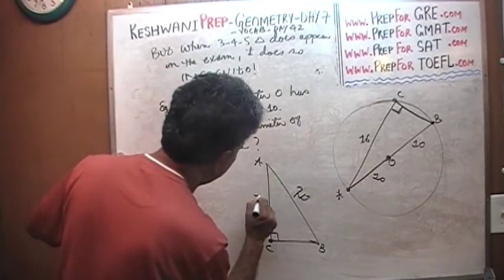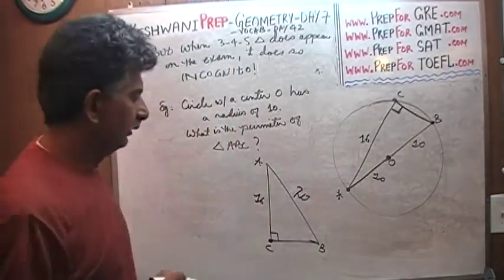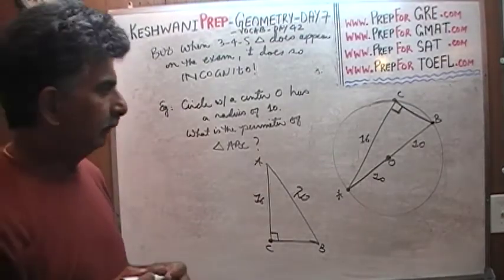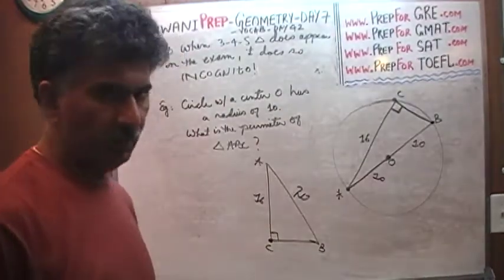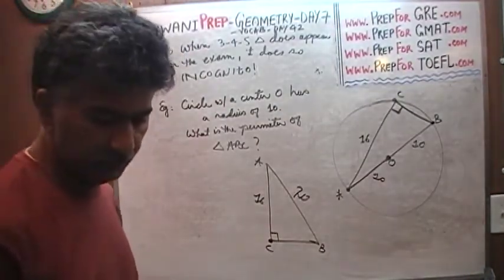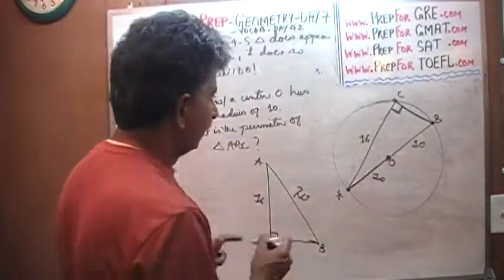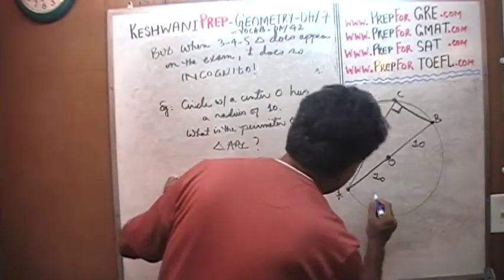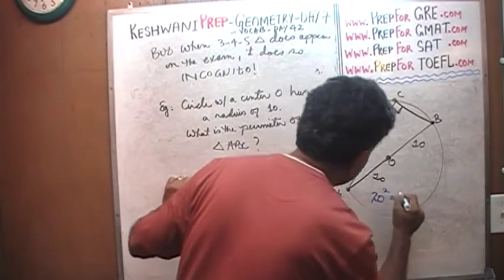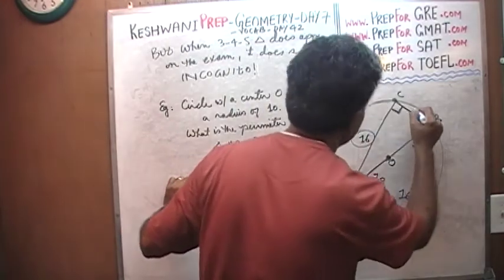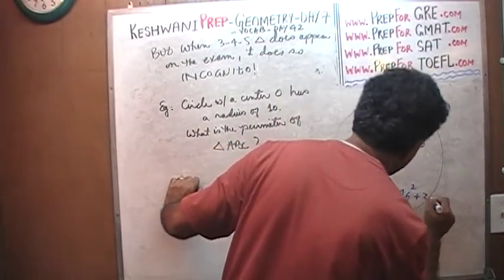is 16. The question simply was, what's the perimeter of this thing? And if you were sitting there, you have two options. You can actually do the Pythagorean theorem, which is, you take the square of the hypotenuse, which is 20 squared, equals 16 squared plus, let's call it x squared.